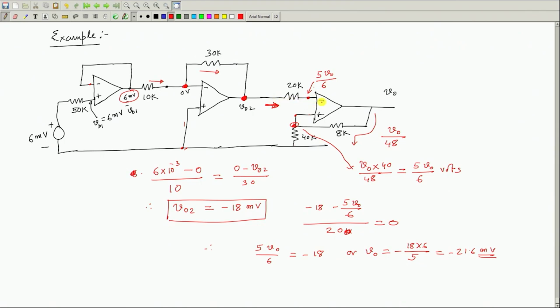If that be the case, then I can easily calculate the output voltage. Therefore, these are some of the examples. So, we have discussed what can be done using ideal op amp circuits.